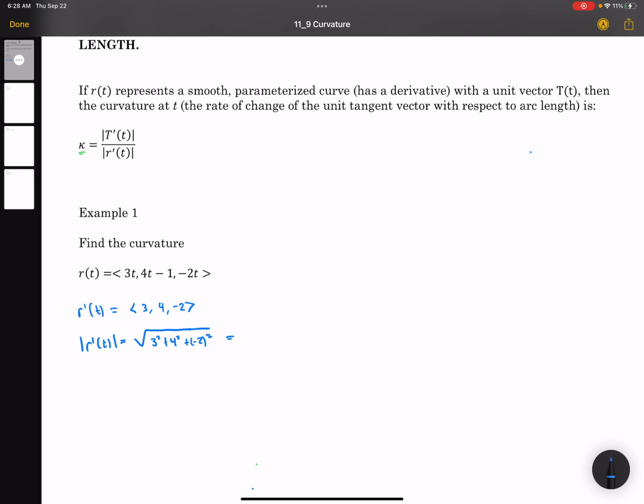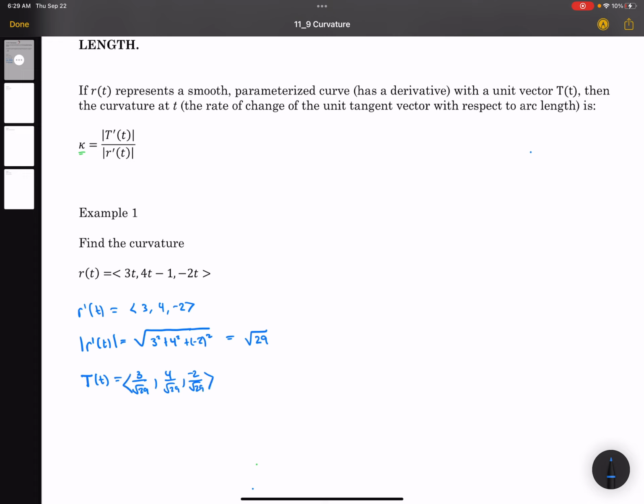So that is 9 plus 16 plus 4, which is the square root of 29. So our tangent vector is equal to <3/√29, 4/√29, -2/√29>.